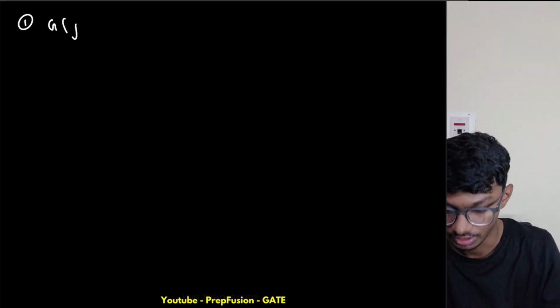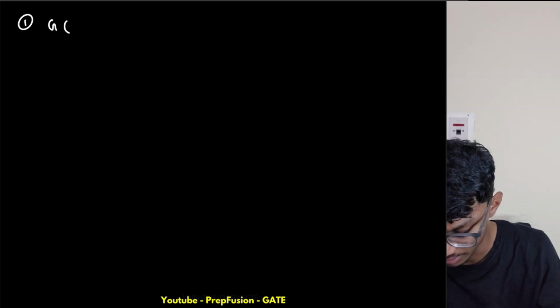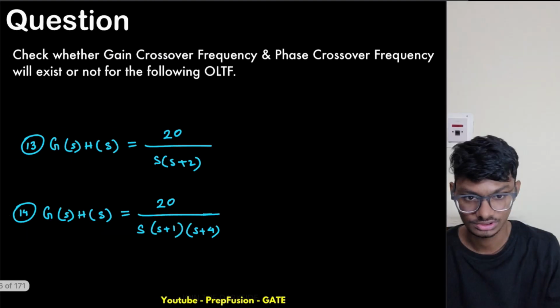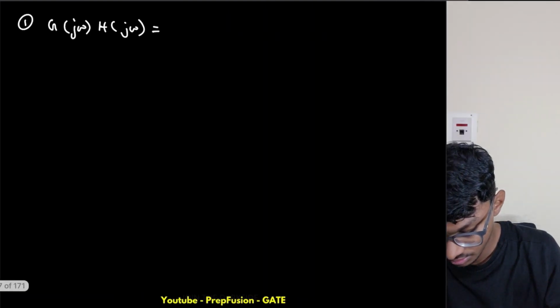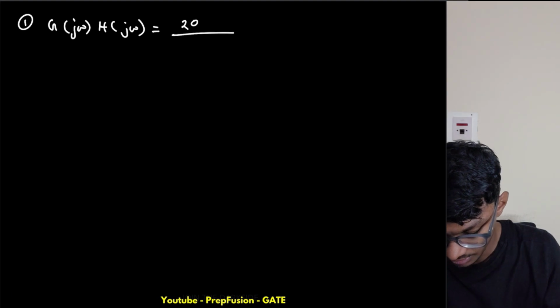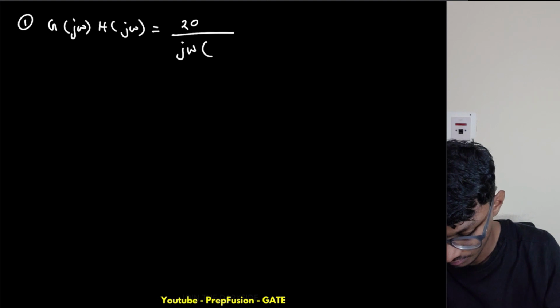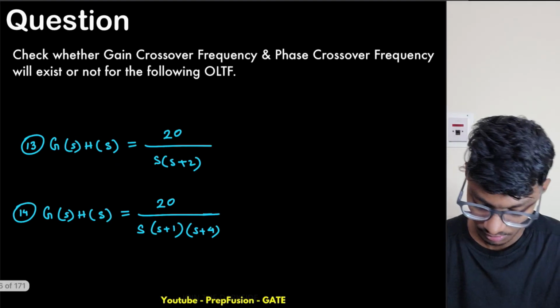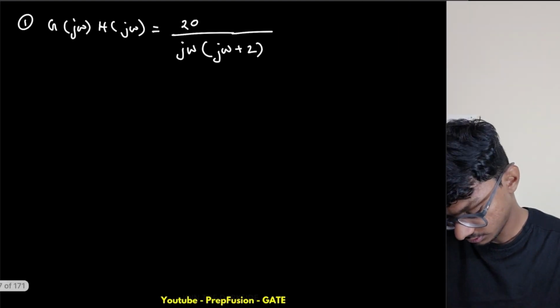I'm doing the frequency response, so I will put s equals j omega, G(jω)H(jω). It is simply equal to 20 by j omega plus 2.